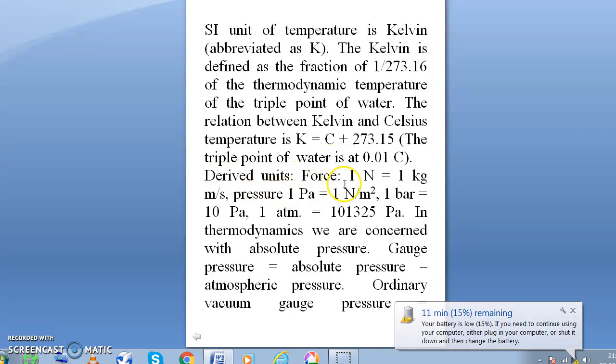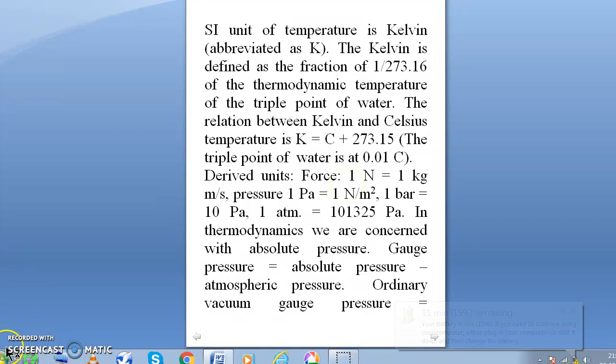Derived units. Force: 1 Newton is equal to 1 kg meter per second squared. Pressure: 1 Pascal is equal to 1 Newton per meter squared. 1 bar is equal to 10^5 Pascal and 1 atmosphere is equal to 101,325 Pascal.